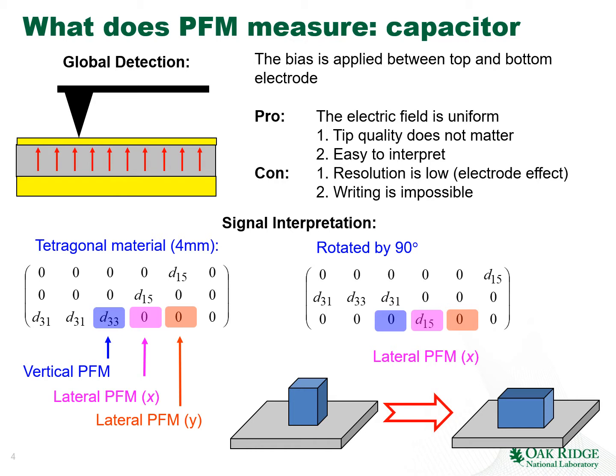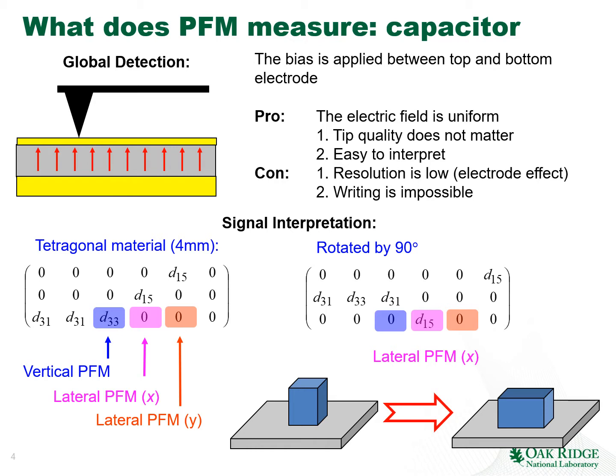Currently, there are two primary implementations for PFM. One is based on the capacitor detection, when we have the top and bottom electrode. The material forms the planar capacitor, and the PFM tip is used only as the mechanical sensor that detects the displacement of the material induced by the uniform field acting within this capacitor.